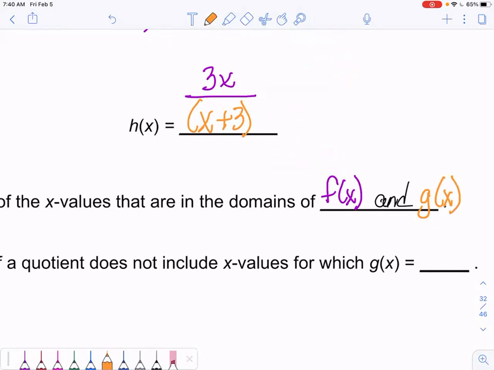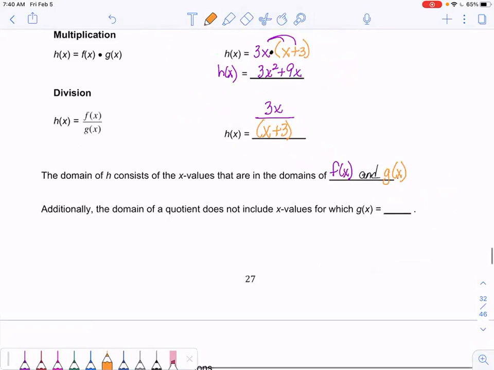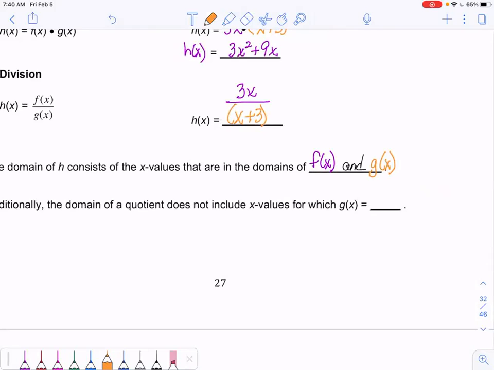So the domain of the new function that you create actually uses the domain of the original two functions. With the one exception, the domain of a quotient, which is our fraction, does not include x values for which the g of x function is equal to 0. Remember, when you have a fraction, you cannot have a 0 in the denominator.